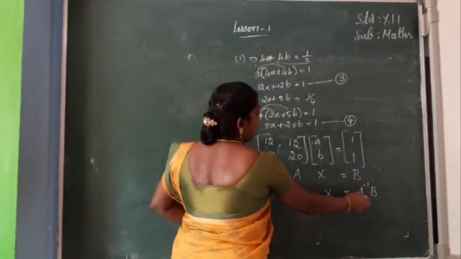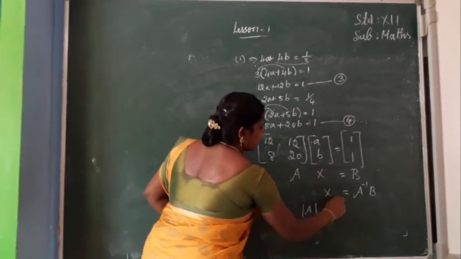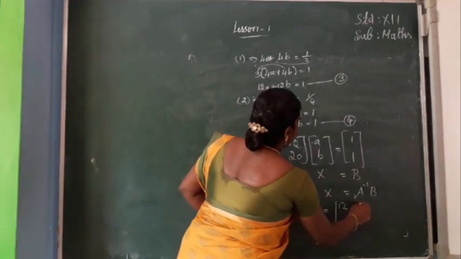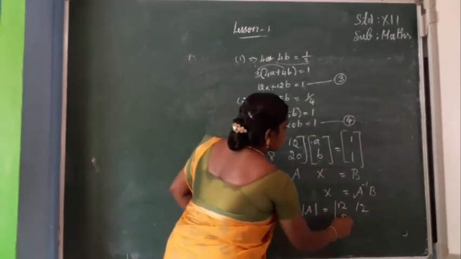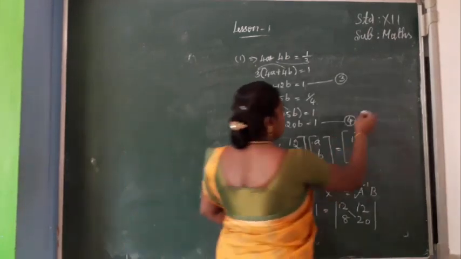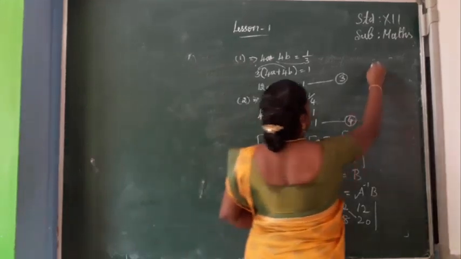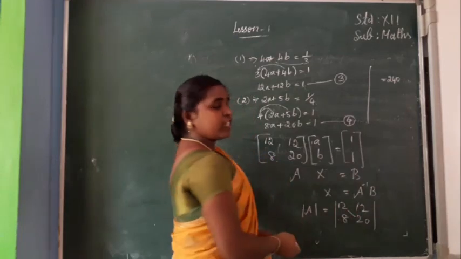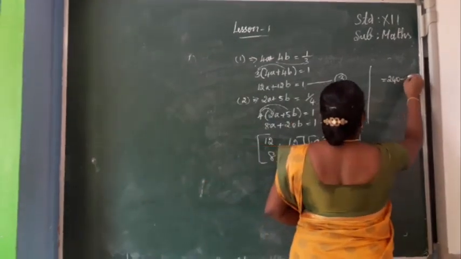So we can find A inverse. The first step is the determinant of A. Determinant A equals the determinant of 12, 12, 8, 20. Multiply 12 into 20, which is 240, minus 8 into 12, which is 96.